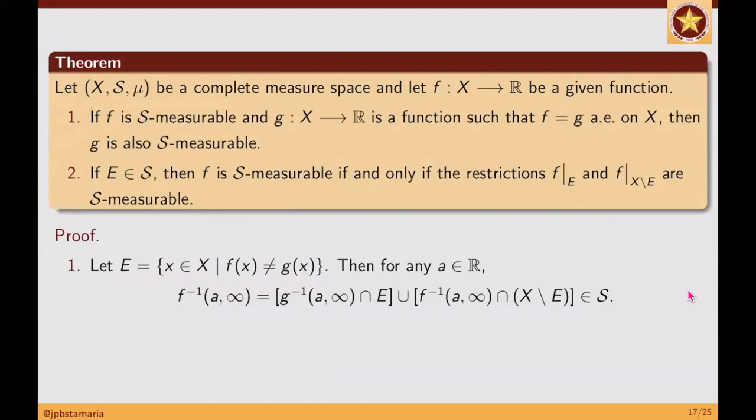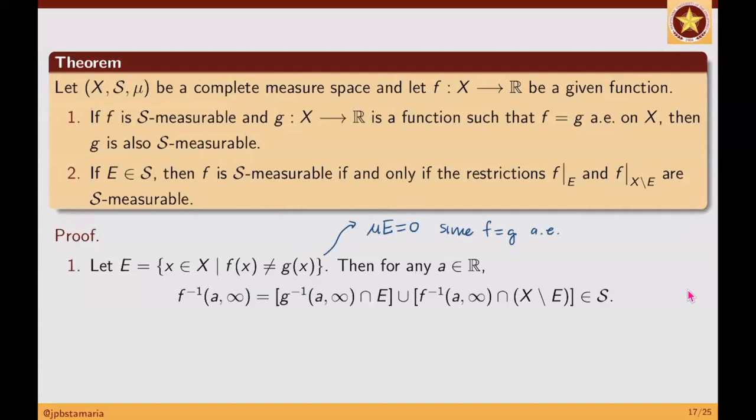So what we want to do here, anong alam natin kay E? We know that this has measure 0. What do we know about E? This has measure 0. Kasi nga, F is G almost everywhere. Okay? Ano bang gusto natin ipakita?